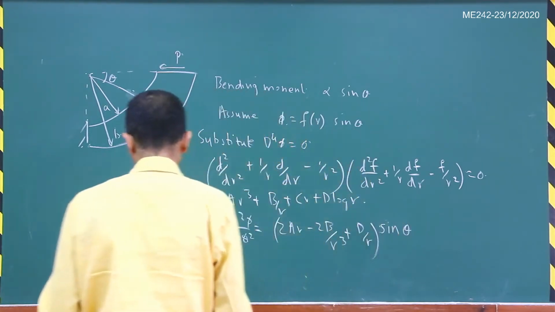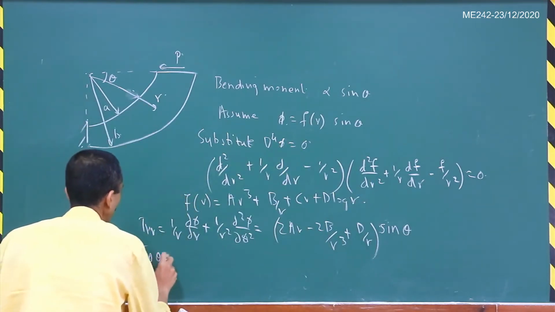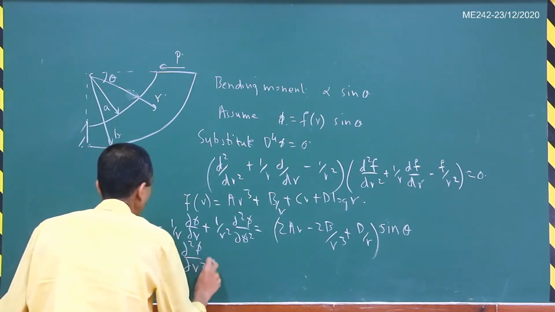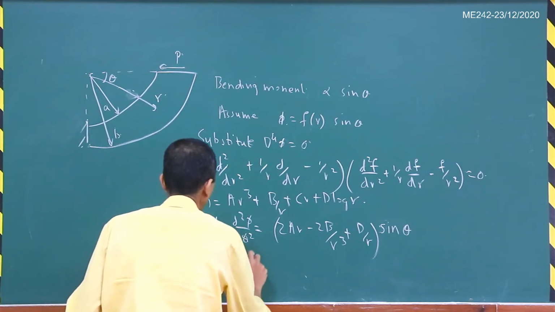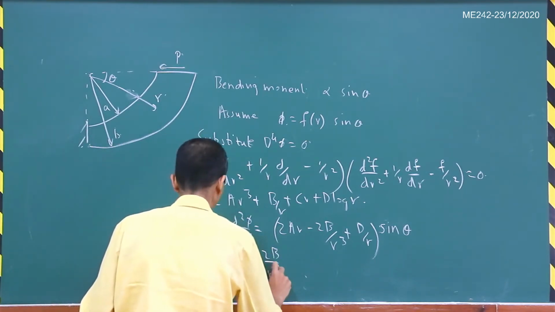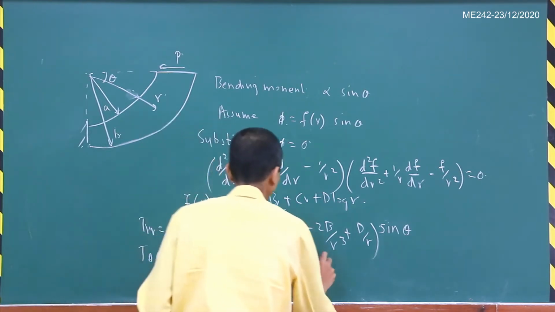And tau theta theta will be del square phi by del r square. So that is equal to 6 A r plus 2B by r cube plus D by r times sine theta.